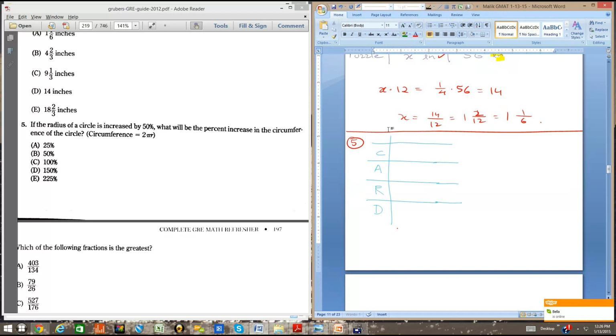1.5. That works. So 1.5 r equals... All right, well, it'd be 2 pi times 1.5 r, which is what we're going for, the circumference.